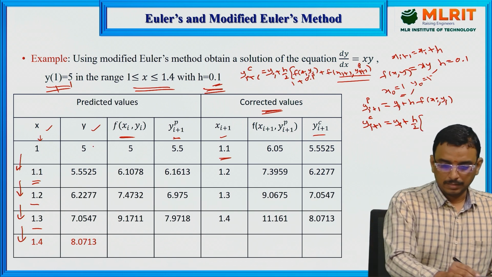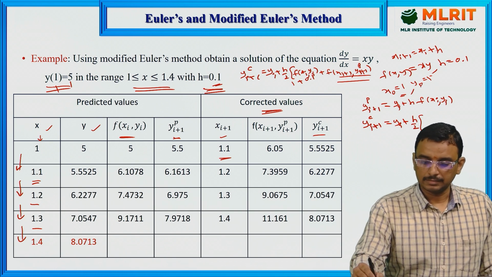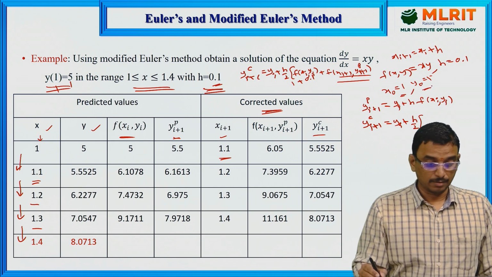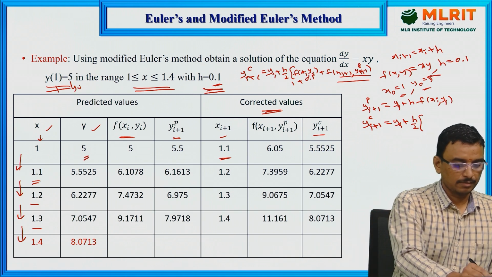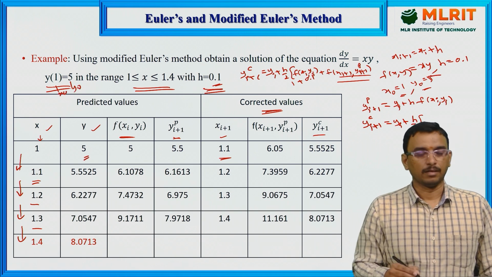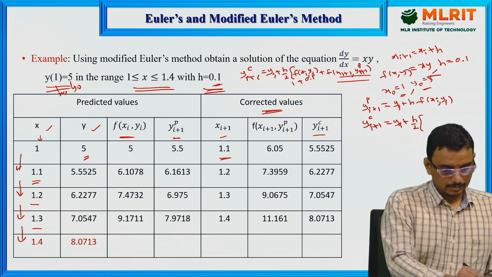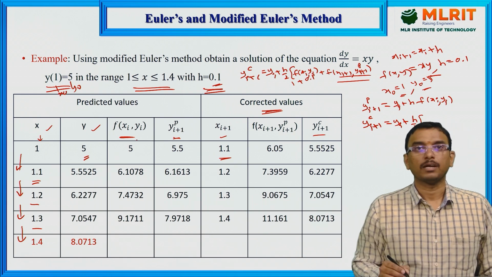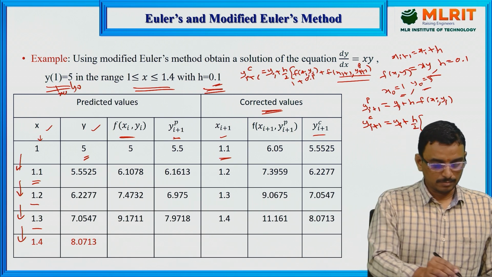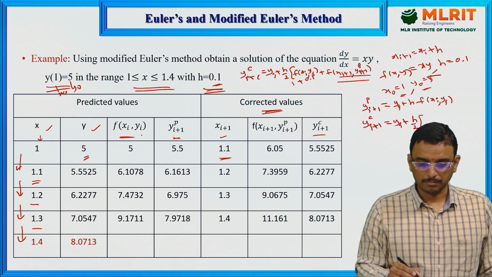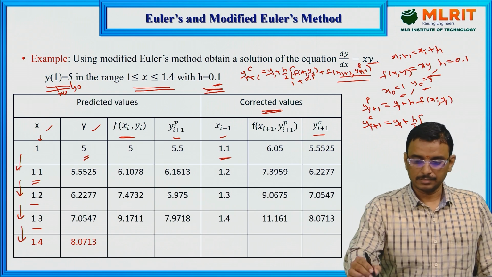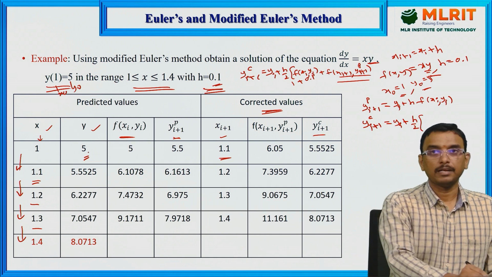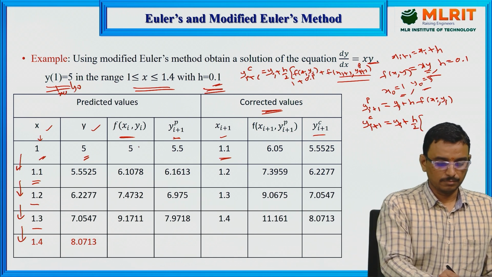Now the corresponding y values. The initial value y0 is 5 and x0 is 1. Now what is the functional value of f of x i comma y i? Substituting these values in x into y, that is 1 into 5, which is equal to 5.